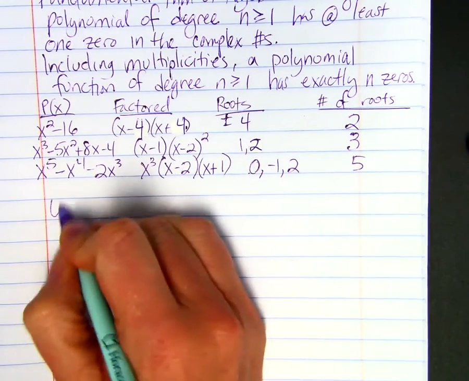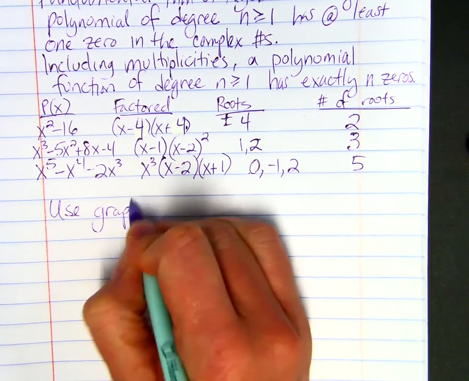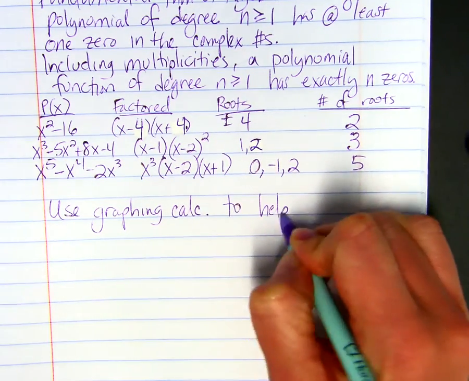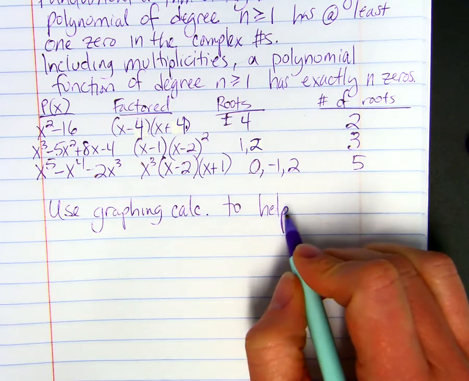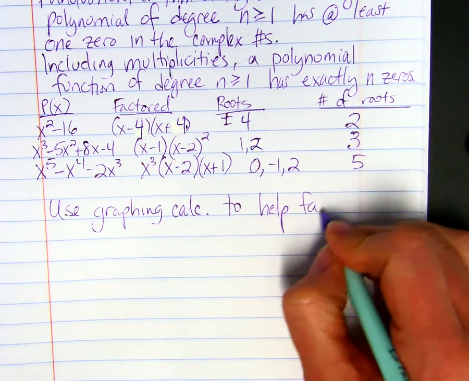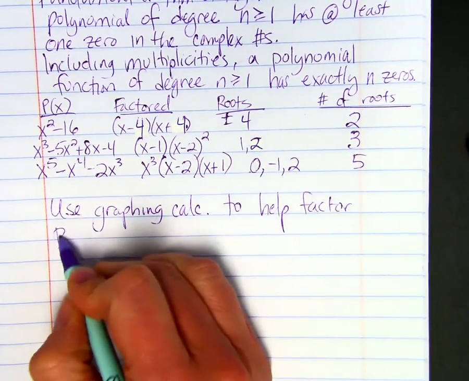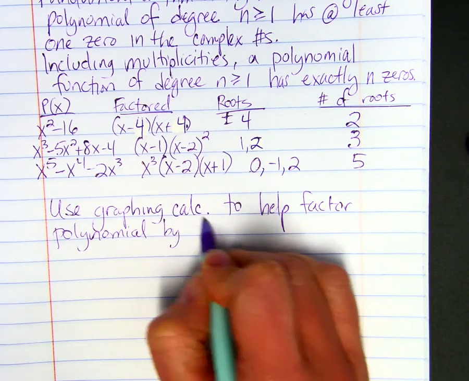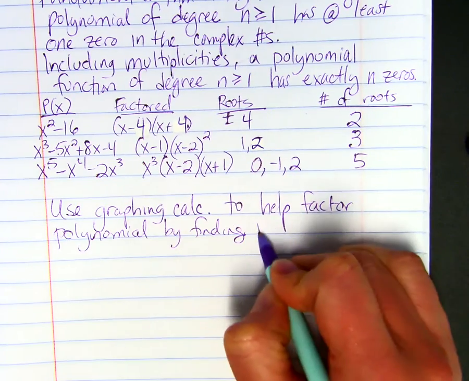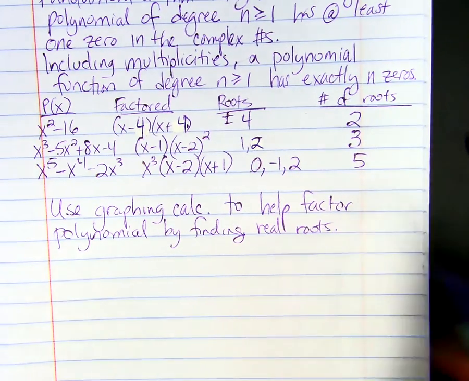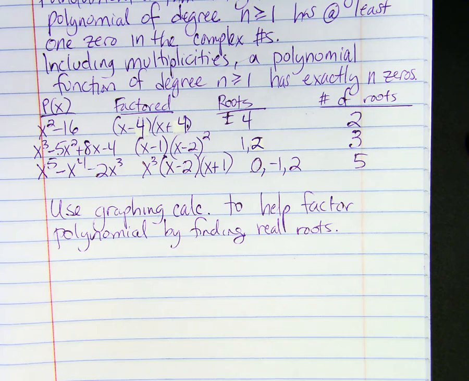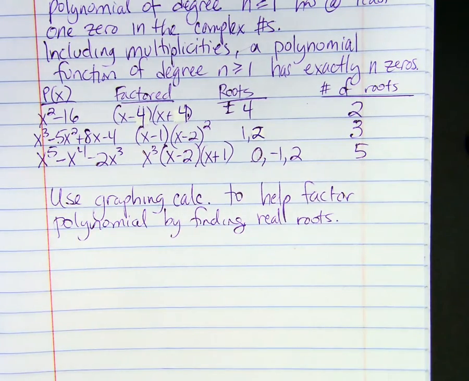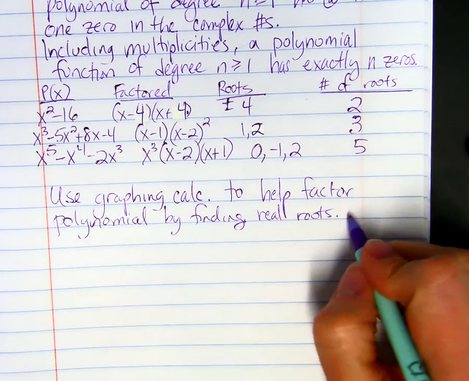So we're just going to write down: use the graphing calculator to help factor a polynomial by finding the real roots. Once you find the real roots and you can factor it, then you can see if there are any other complex roots.